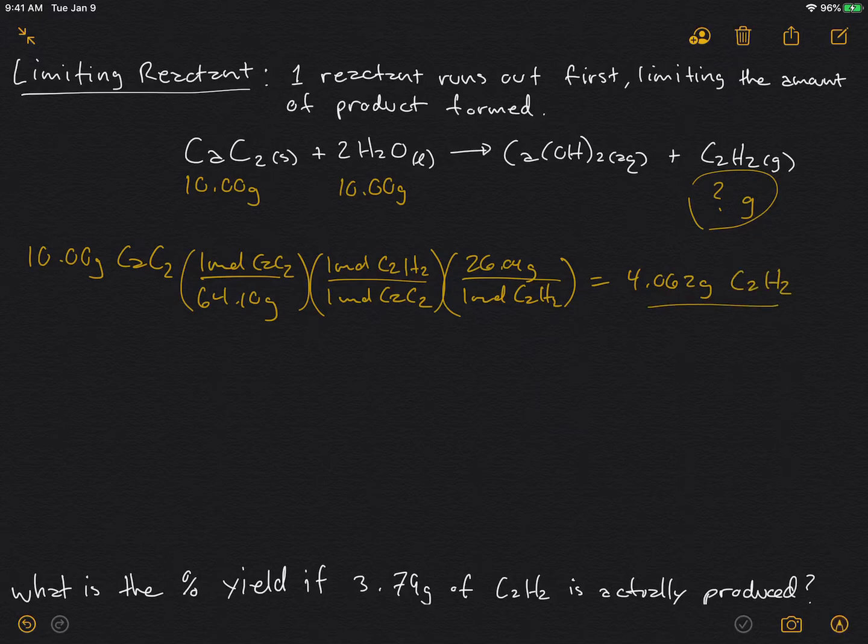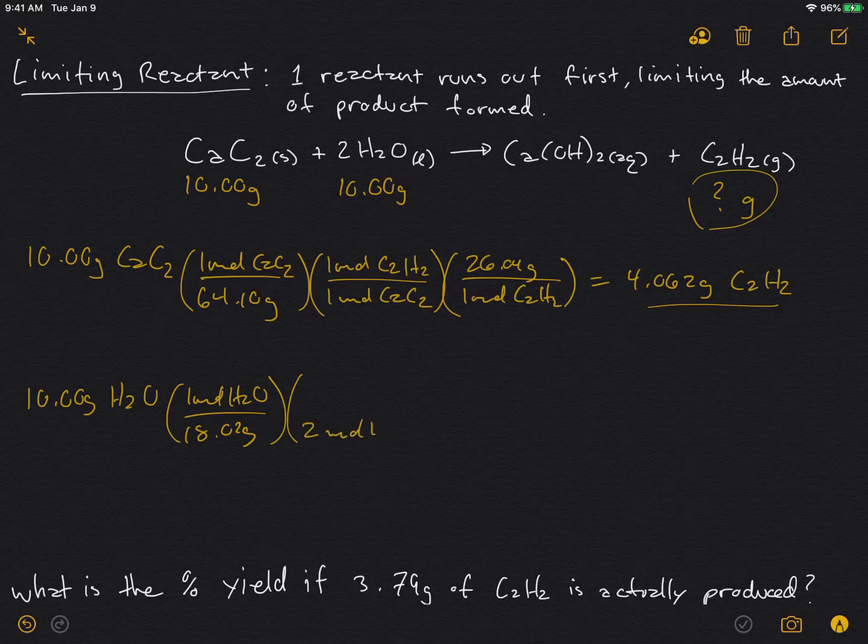So in this type of problem, we have to do the calculation twice. So let's also start with water and calculate how much acetylene that would form. So 1 mole of water is 18 grams. And in this reaction, we have a 2 in front of water.